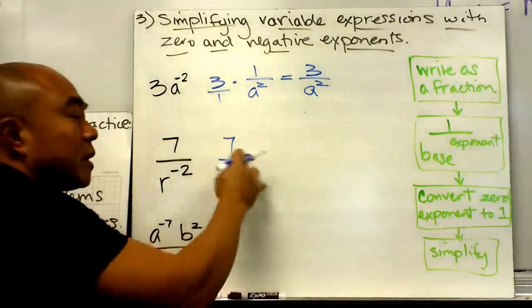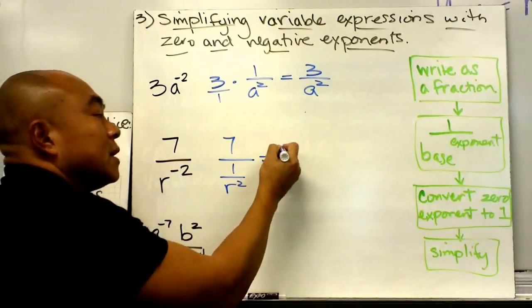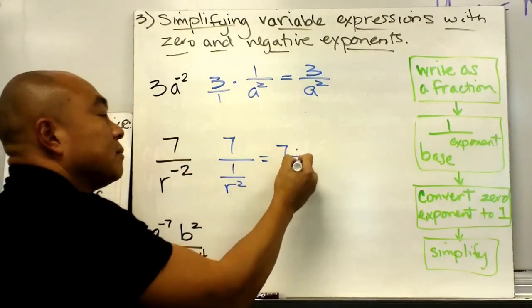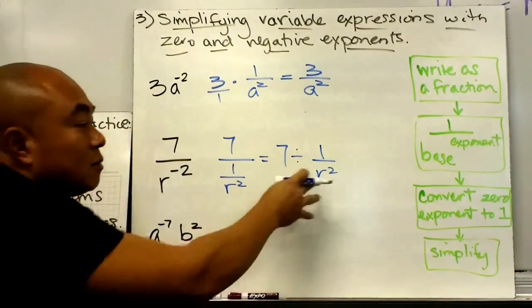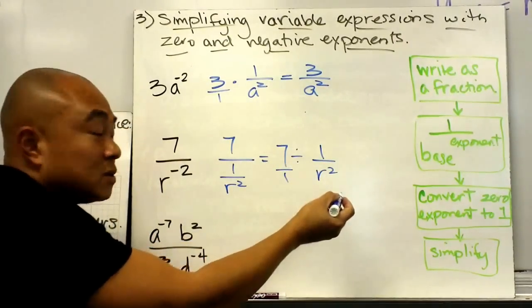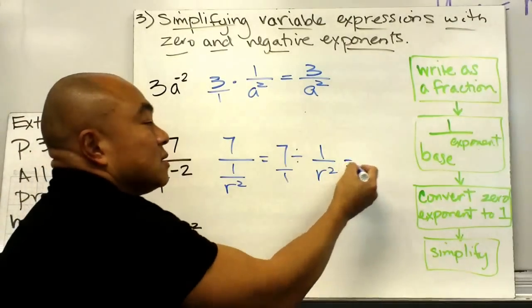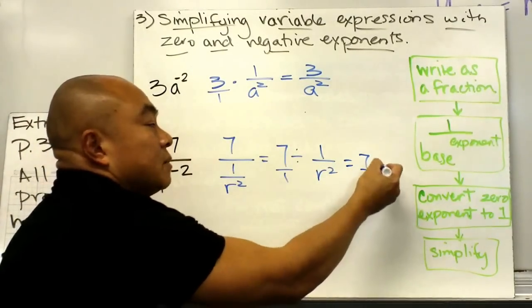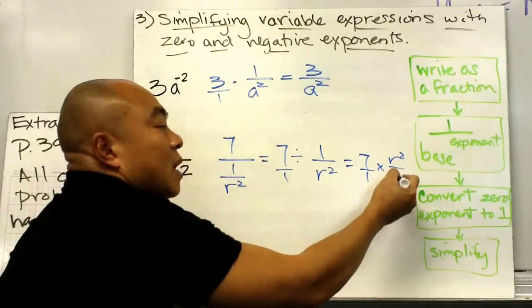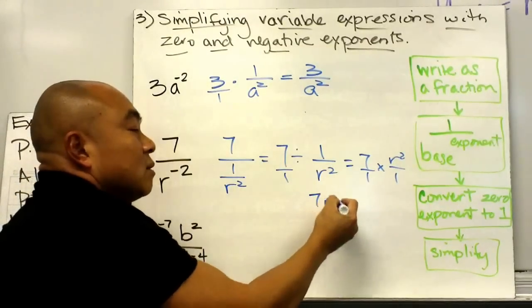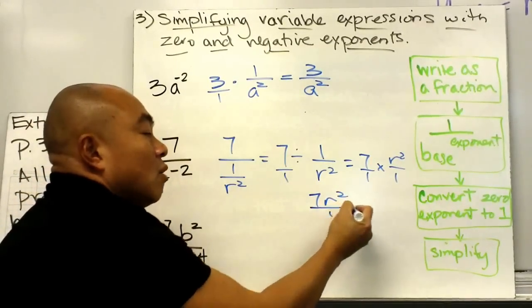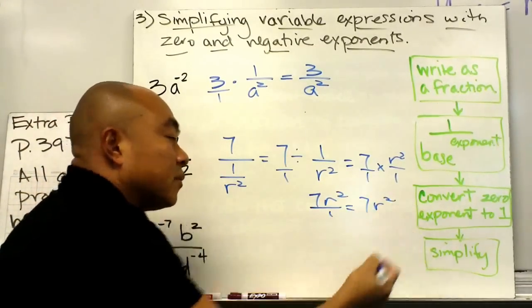If I were to rewrite this, that would look like 7 divided by 1 over r to the second. And in reality, if you are dividing fractions, that's actually 7 times r to the second power over 1. To finish this up, you now have 7 r to the second power over 1, or just 7r squared.